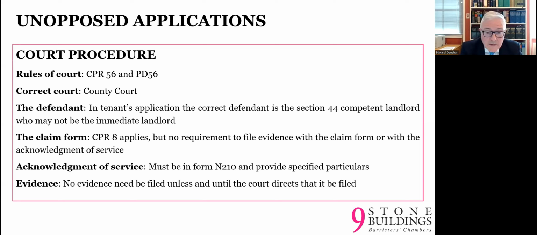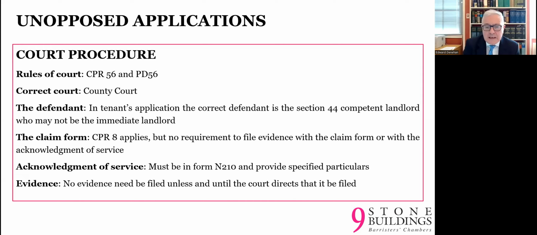Because remember, the tenant is entitled to a new tenancy of the holding up to a maximum of 15 years. So the landlord must be that person with an interest in reversion, whose interest is sufficient for the landlord to grant a tenancy for 15 years.